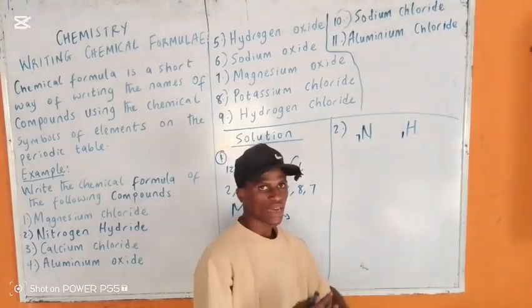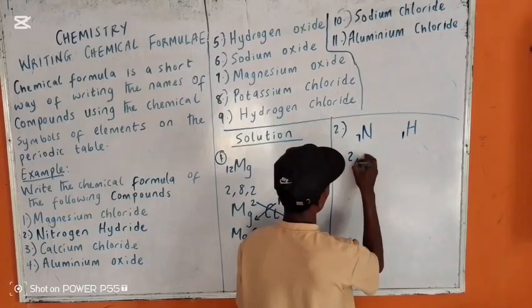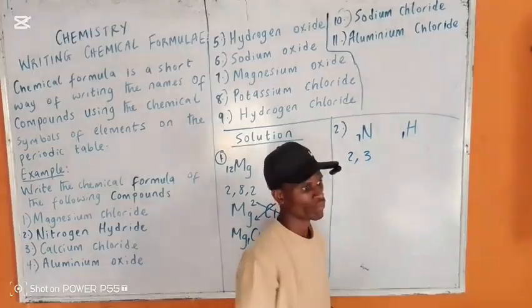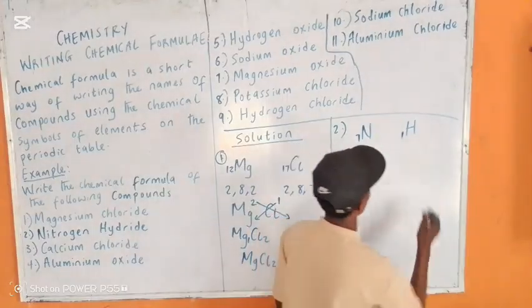So writing the K L M configuration for nitrogen, we have 2, 5. For hydrogen, we have just 1 here.